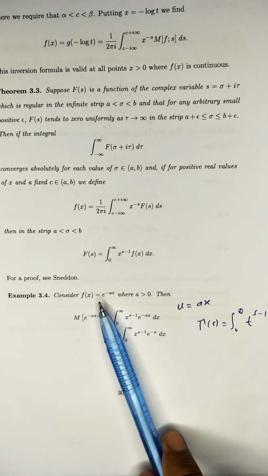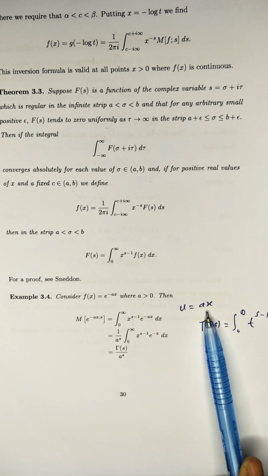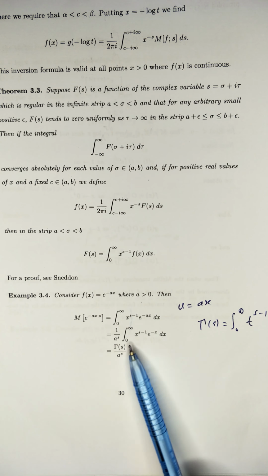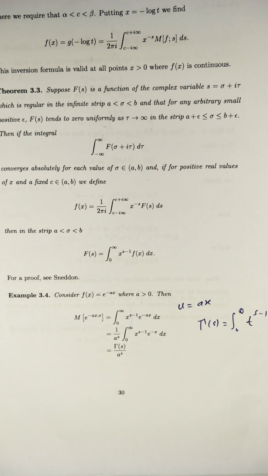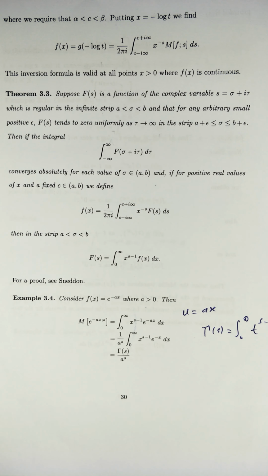You can write this by using the substitution u = ax, and obviously this term here is the gamma function given by that. So we have gamma(s) times a to the minus s. So this gamma(s) is the gamma function.